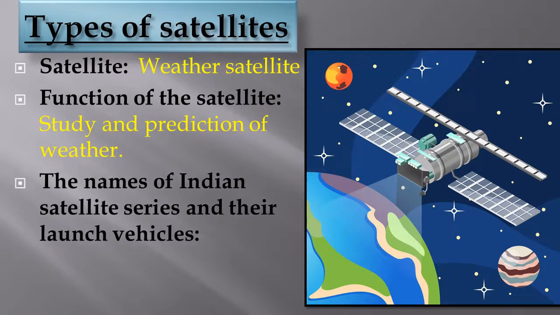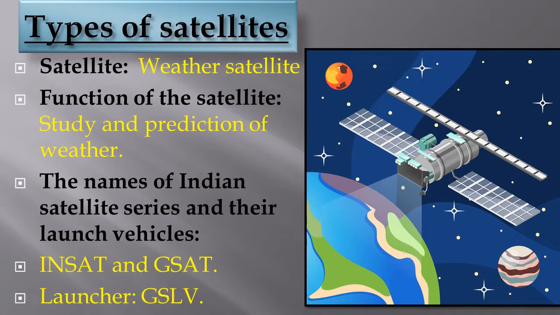The Indian satellite series and their launch vehicle are INSAT and GSAT. INSAT is Indian National Satellite and GSAT is Geosynchronous Satellite. Details about all these satellites we will study later in this chapter. And the launcher is GSLV, that is Geosynchronous Satellite Launch Vehicle.